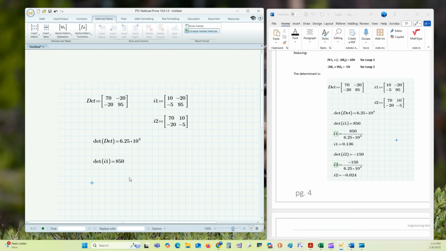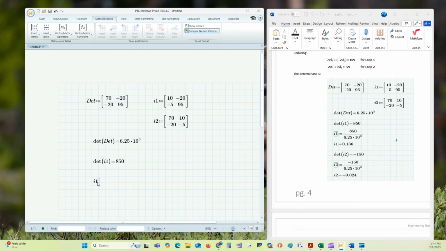So what equals 850? These are ohms, but the voltages are in the column, so it doesn't actually equal ohms. The number is 6.25 times 10 to the third. Determinant 1 is 850. But now we want to find I1.